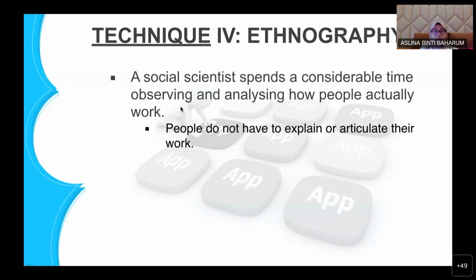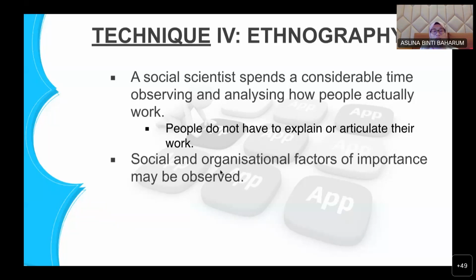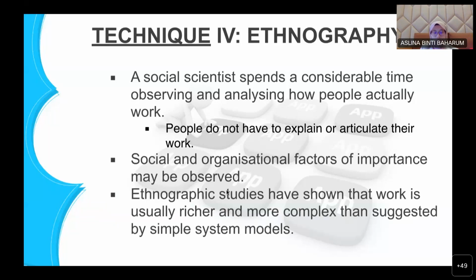They do surveys and analysis, and then they get the findings. From there they can say, okay, the system needed is like this, 30% agree that it should be like that. Social and organizational factors of importance may be observed. Ethnographic studies have shown that work is usually richer and more complete than suggested by a simple system model.